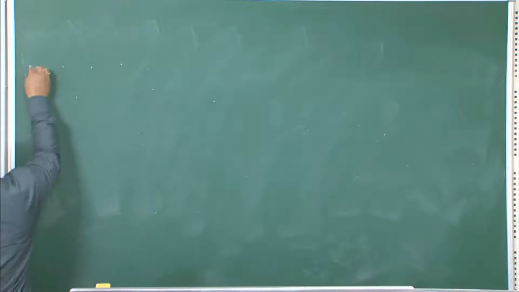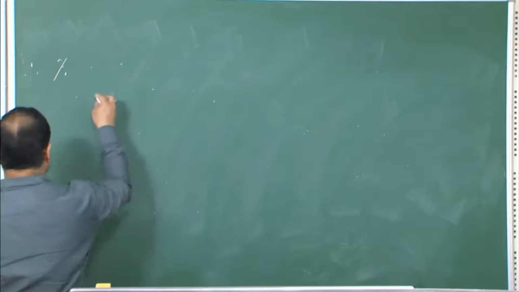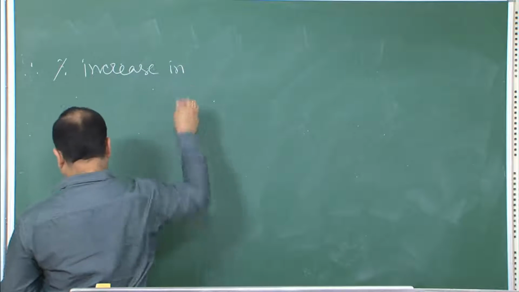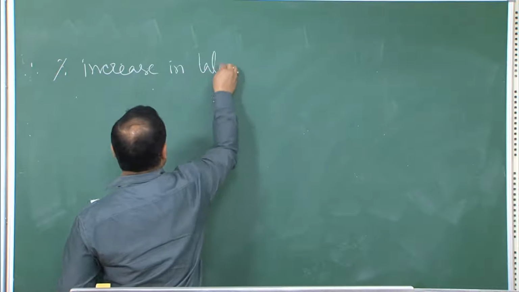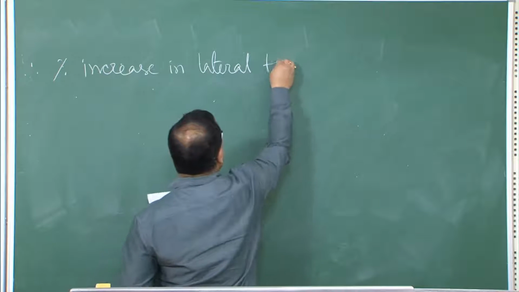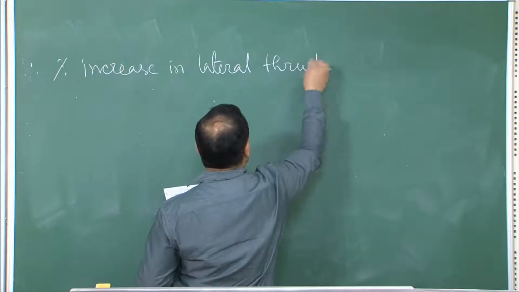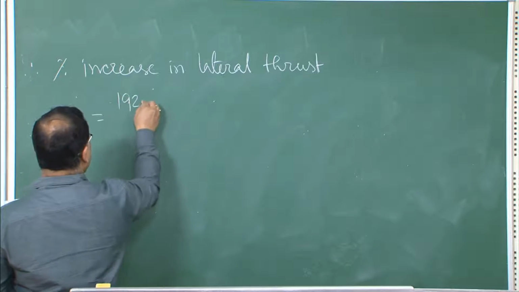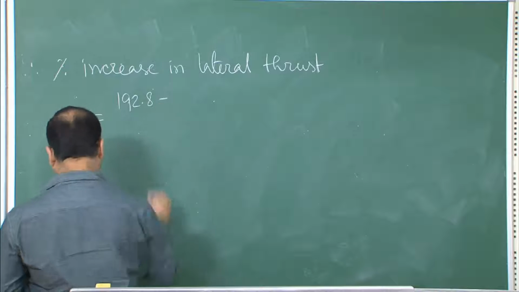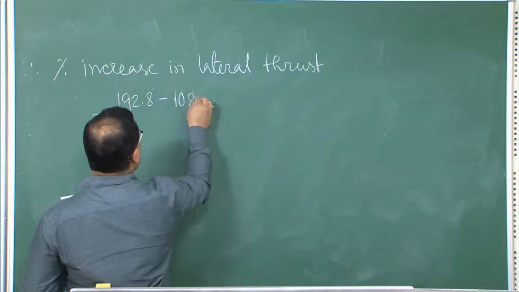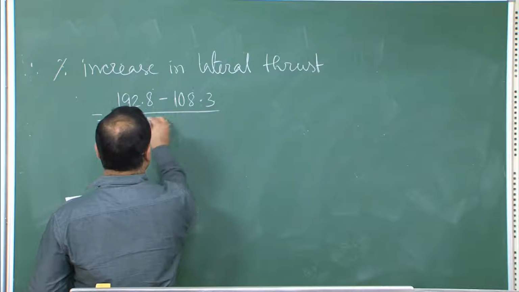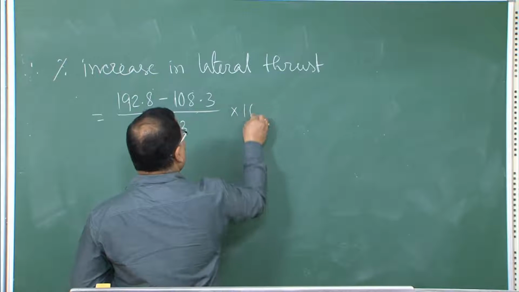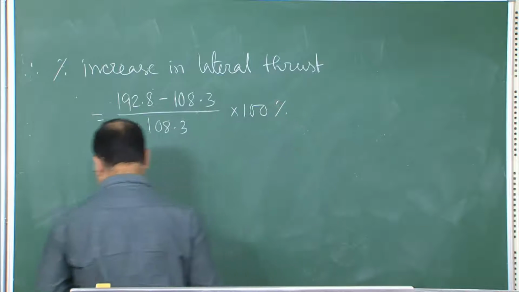Therefore, percentage increase in lateral thrust is equal to 192.8 minus 108.3 by 108.3 into 100%.